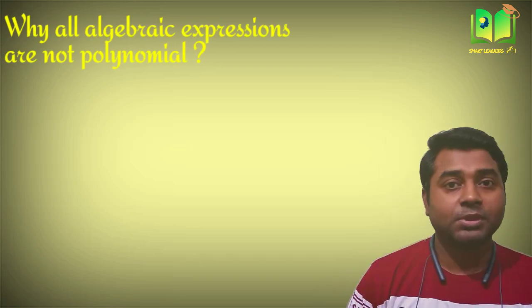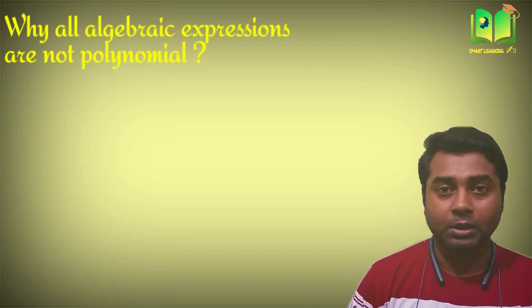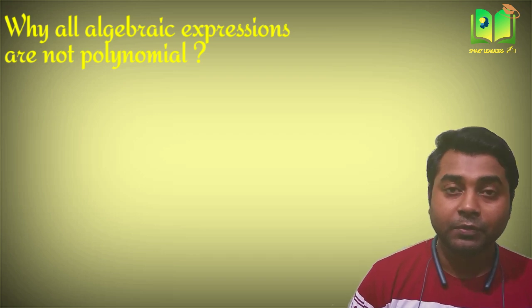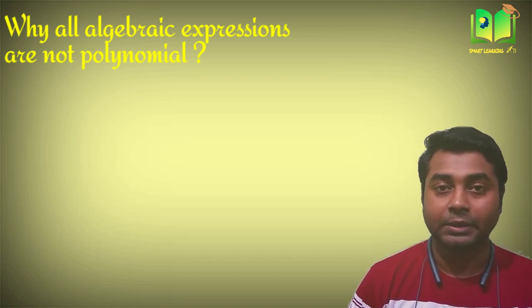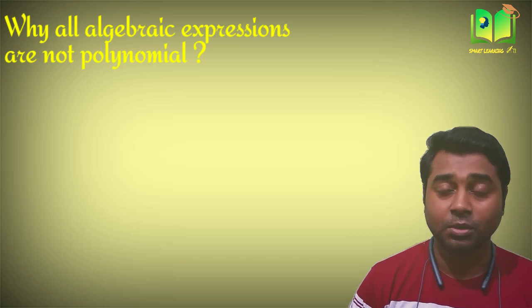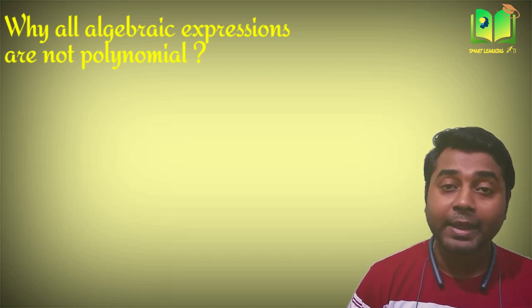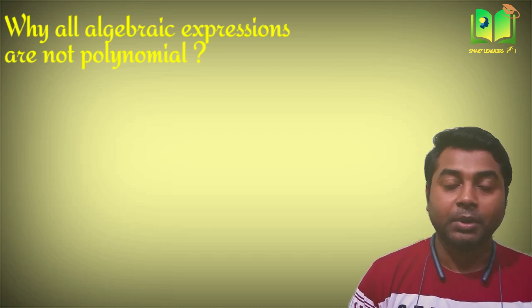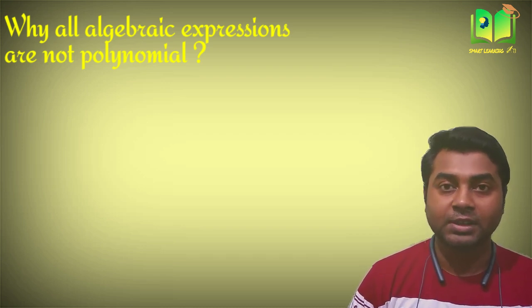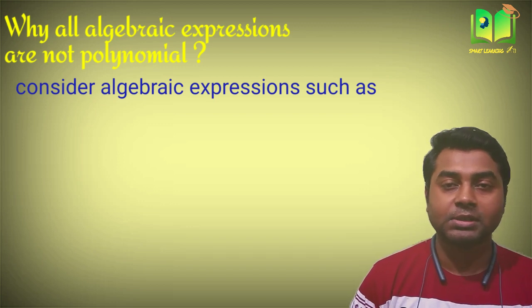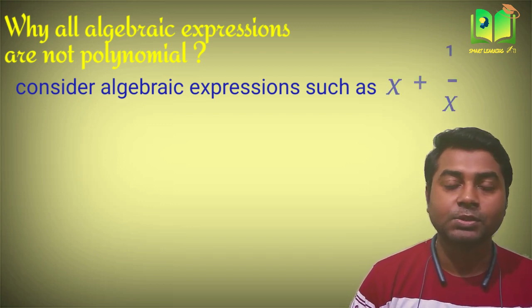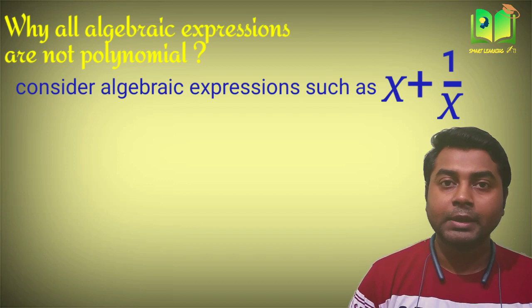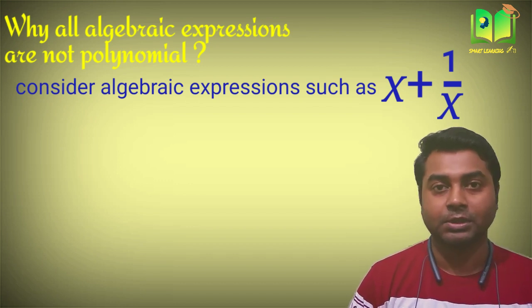Why are all algebraic expressions not polynomials? In our previous discussion I told you that algebraic expressions are known as polynomials when the exponent power is a whole number. But here we will take a few examples. Suppose we are considering x plus 1 by x. It is an algebraic expression.